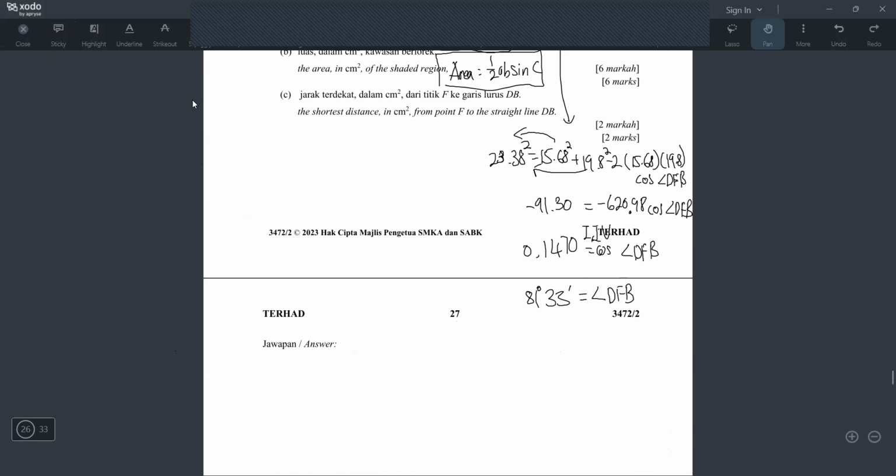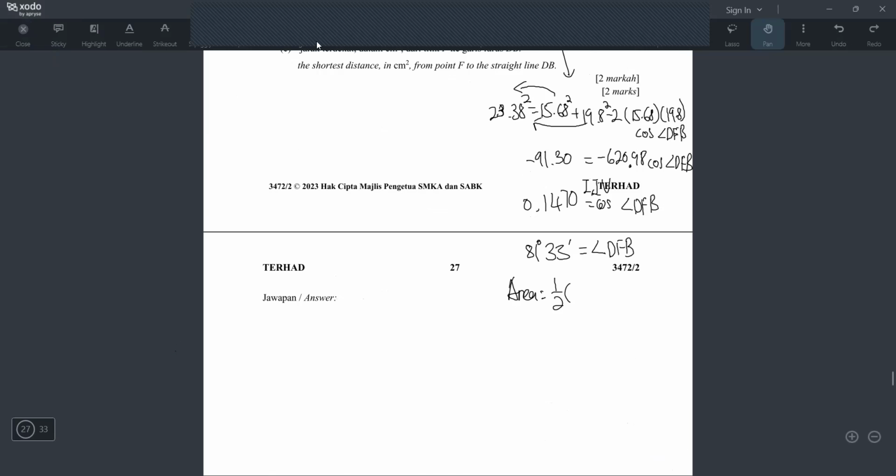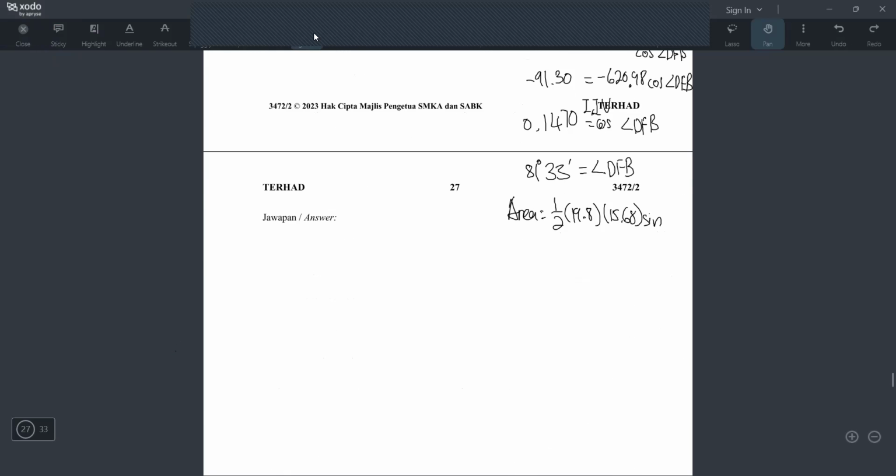Okay, so since I have my DFB now I can find my area. So the formula is 1 over 2 ab sine C. Okay, what is the ab? It will be any two sides, but in this case, I will use 19.8 and 15.68. And of course, the angle has to be in between these two lines, which is the angle DFB, the angle I found just now, 81 degrees 33 minutes, right?